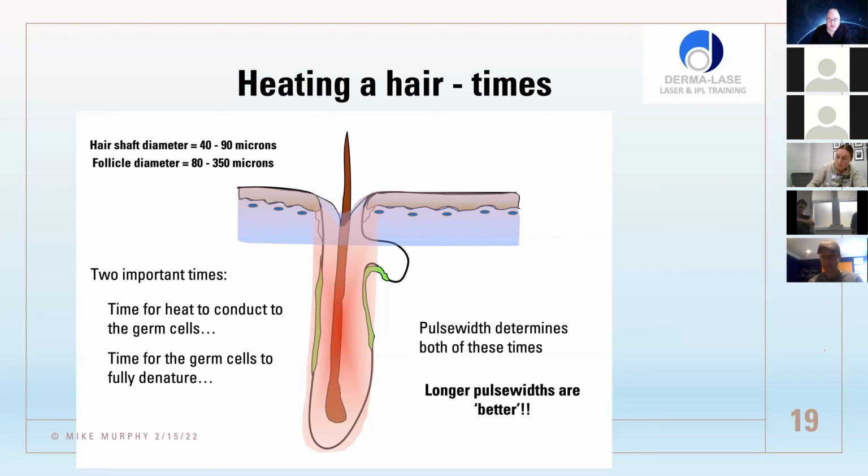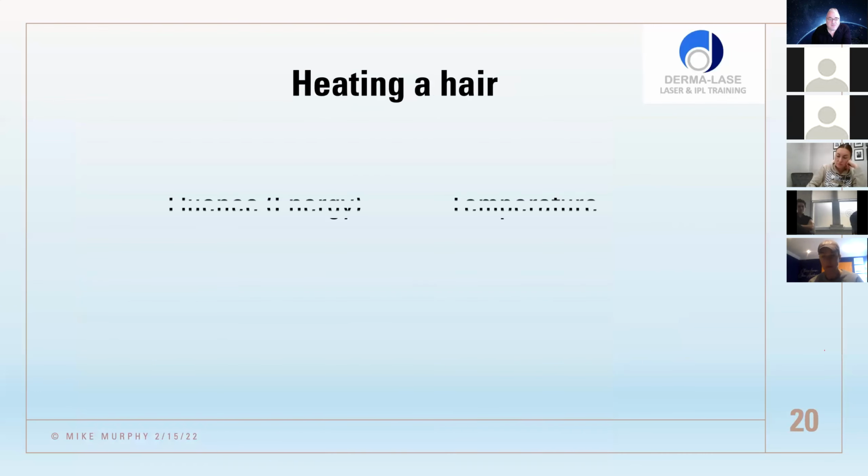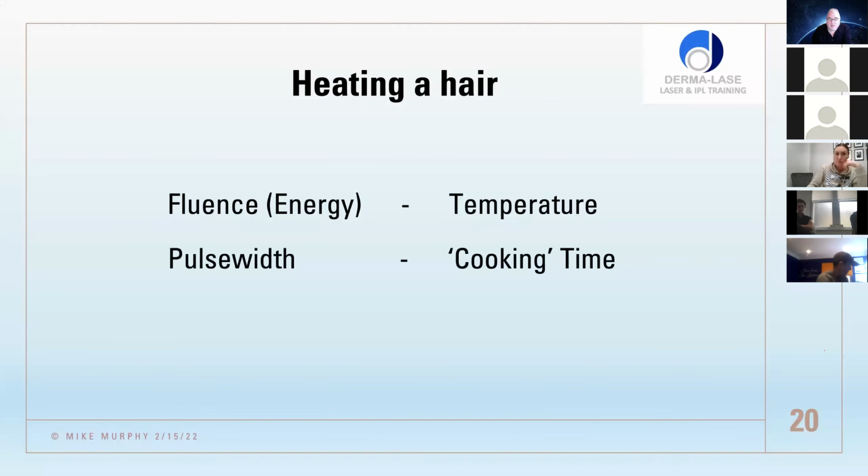Short pulse widths really don't hack it, I'm afraid, especially for thin hairs. The energy or the fluence is what determines the cooking temperature, and the pulse width is what determines the cooking time. You've got to get both of these right to be successful. If you get one of these wrong, you'll be struggling.